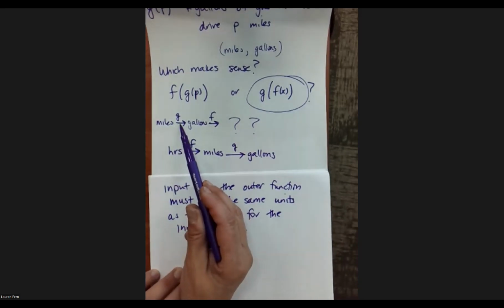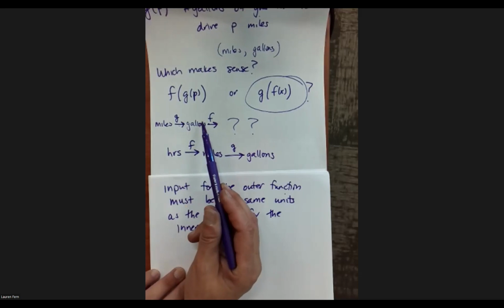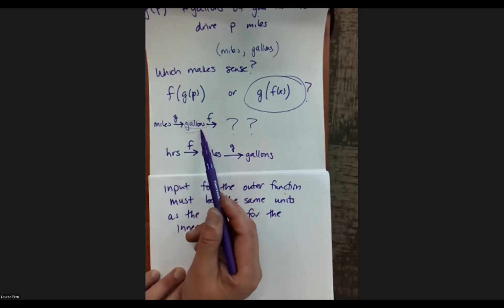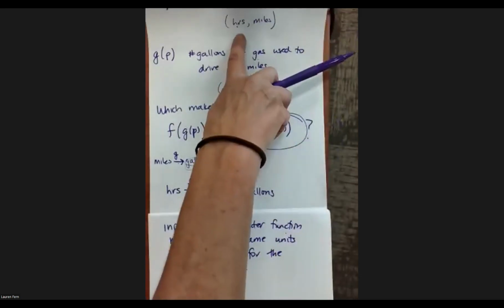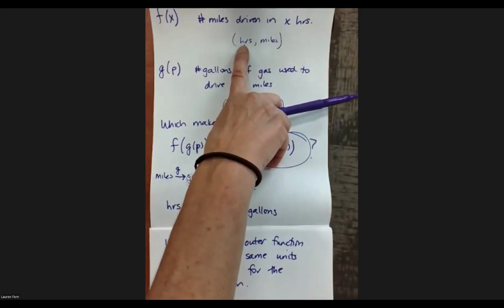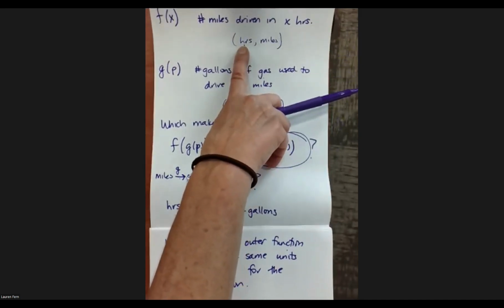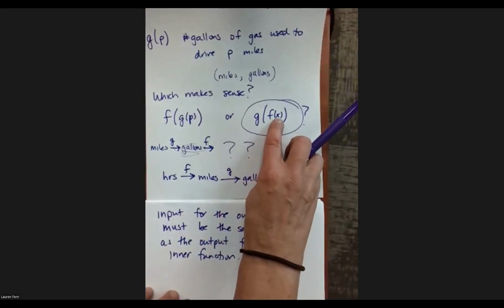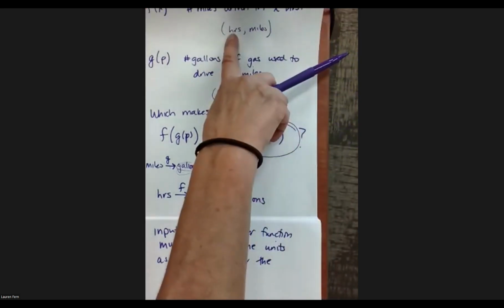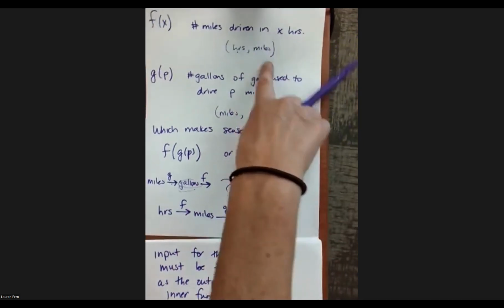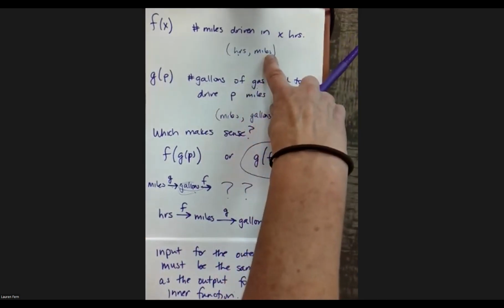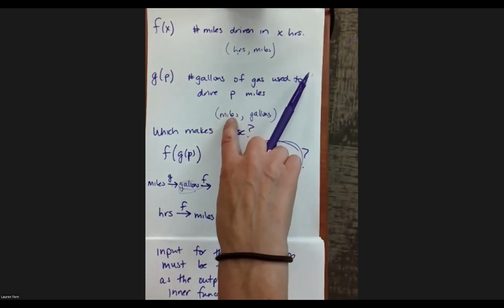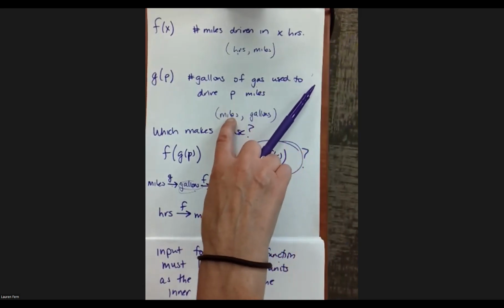We couldn't start with G because what comes out of my function G is gallons. And it makes no sense to plug gallons into my function F because the input is hours. But notice, we could start with X, the number of hours, because the output of my inner function is the same as my input for my outer function.